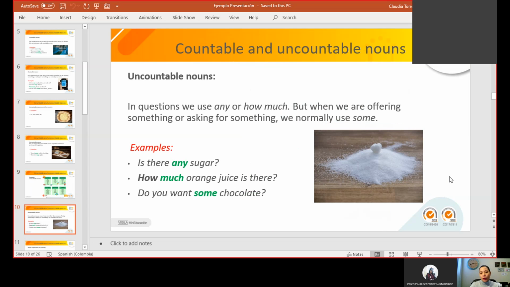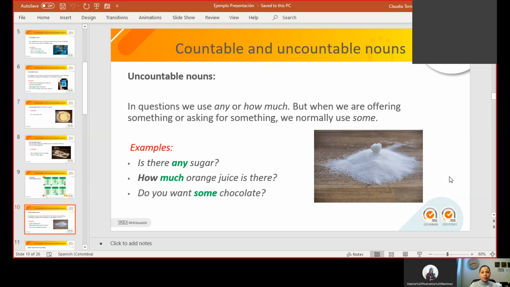Now with uncountable nouns for questions, we can use any or how much. You remember with countable nouns before we used how many, right? But here the main difference is we use how much. And again, when you are offering something, you use some. Here you have some examples. Is there any sugar? How much orange juice is there?